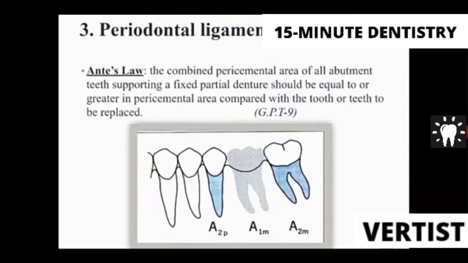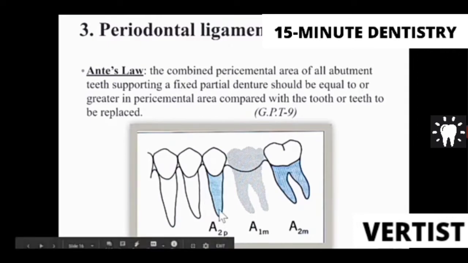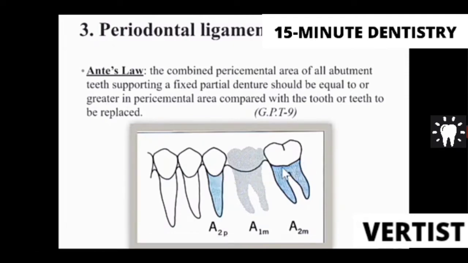The next factor is the periodontal ligament area, also known as the root surface area. As we know, the larger the tooth, the more the surface area and the better retention it will be able to provide. So we have a concept known as Ante's law, which states that the combined pericemental area of all the abutment teeth supporting a fixed partial denture should be equal to or greater than that of the tooth or teeth to be replaced.